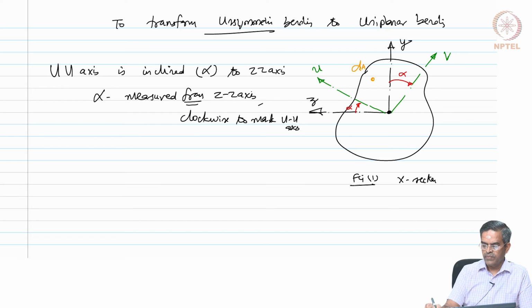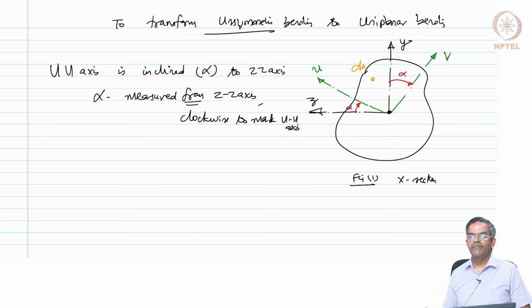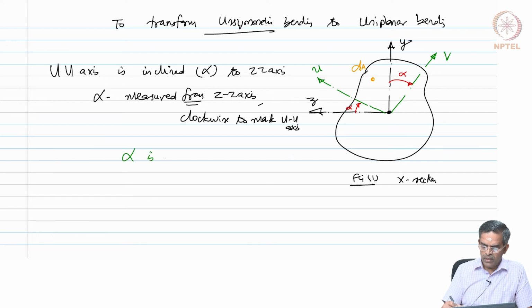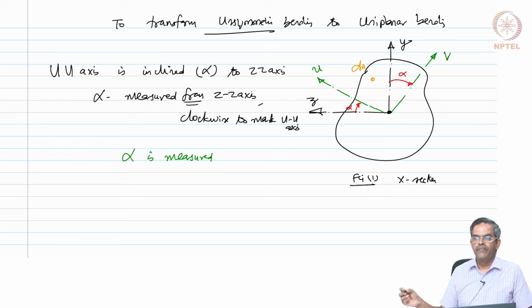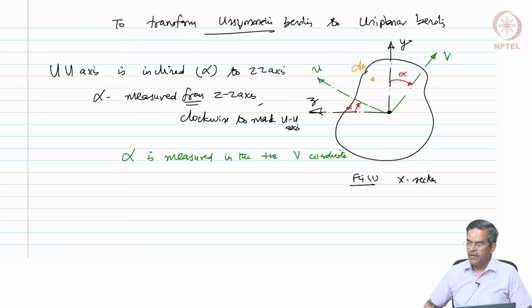Okay. That is a condition here. So, to be very specific, alpha is measured in the positive V coordinate. So, we have positive V, we measure from that.